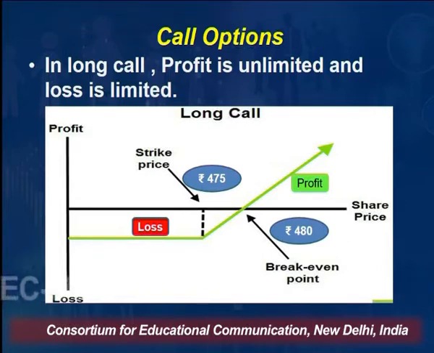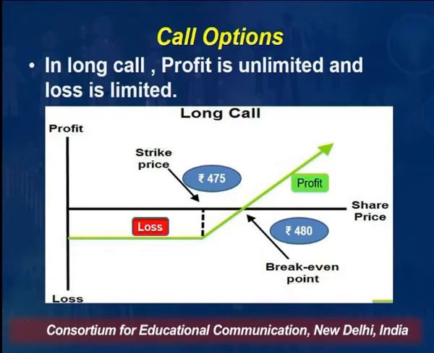So what you are seeing is that on the x-axis, there is the profit or loss, right? The share price, as you move to the rightward side, goes up. As you are seeing here, 475 is the strike price, and 5 rupees is the premium.